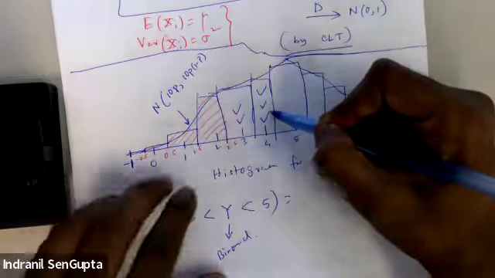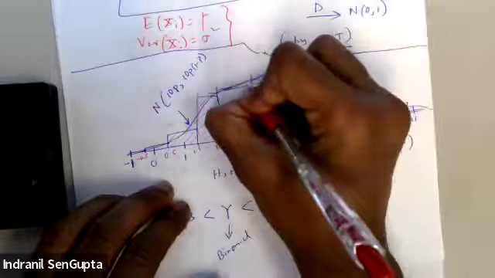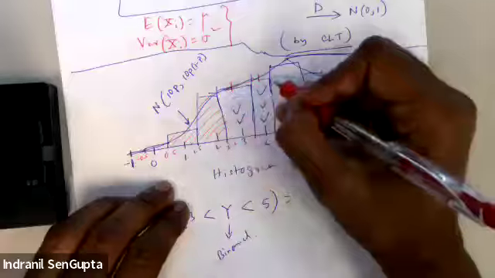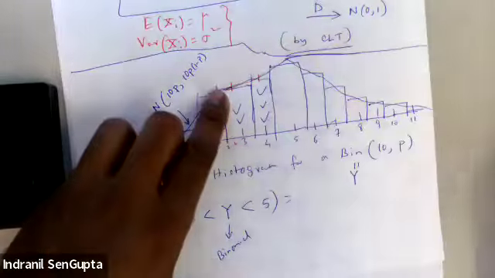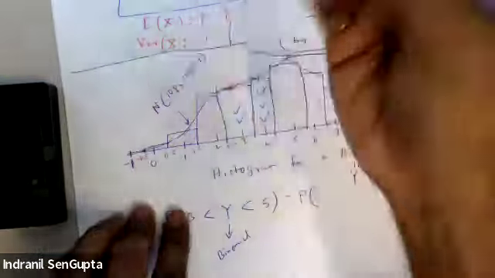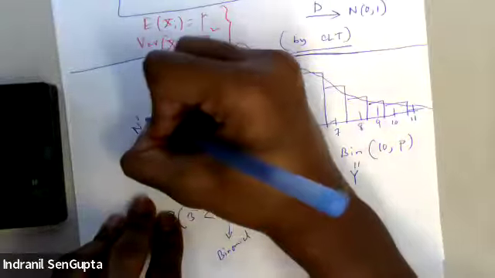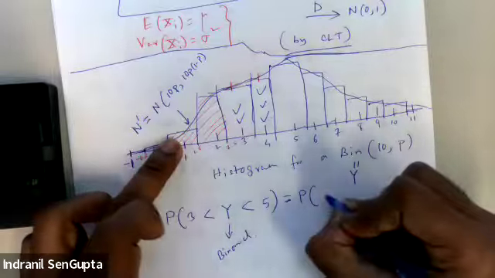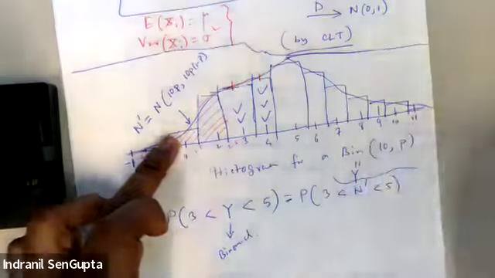Now, if I approximate this with the normal curve, it is passing somewhere around the midpoint. So if I write this for the normal distribution, let's call it n prime, I write 3 less than n prime less than 5. Now there's a problem.